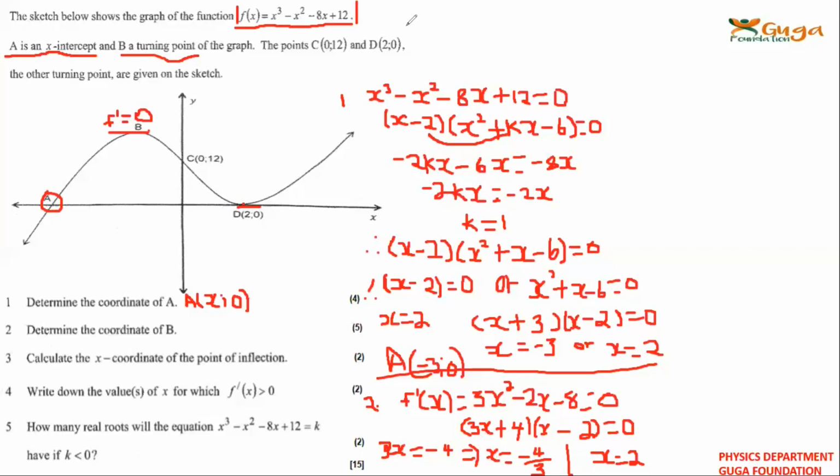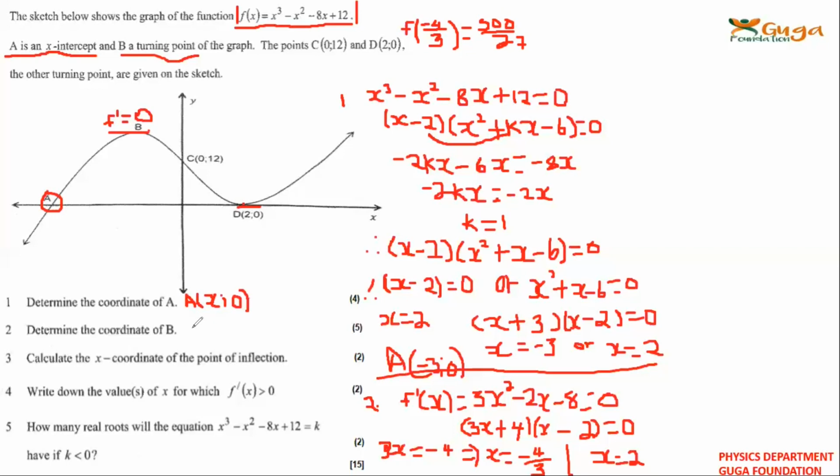So you will end up having f of -4 over 3, which should be equal to, so you just substitute here -4 over 3, and you should get 500 over 27, right?